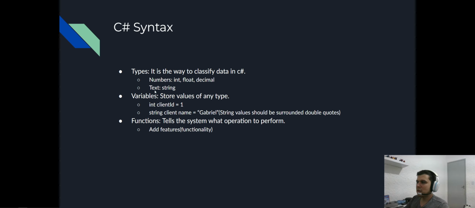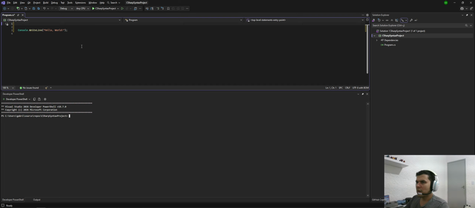And we have text. We can use a string. So let me show you, because we have to be careful with a few things like double quotes or semicolons, because we are working in C#. So I'll show you how to work with types.